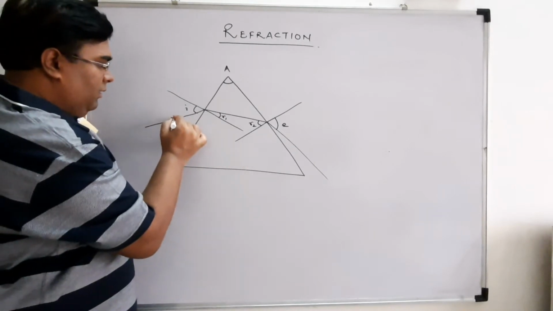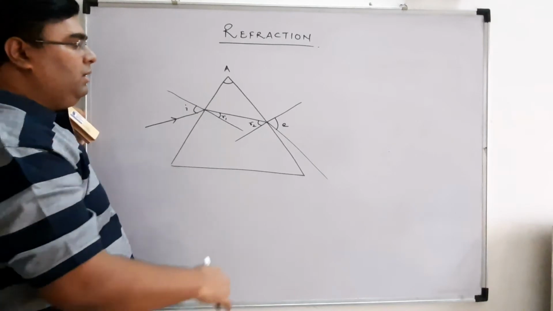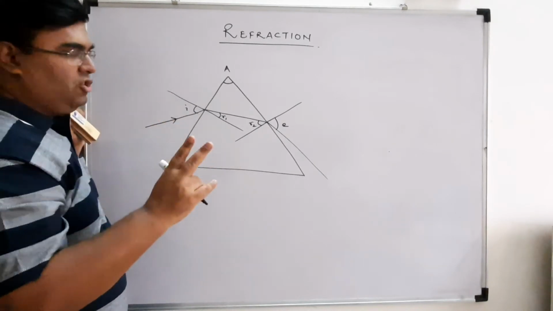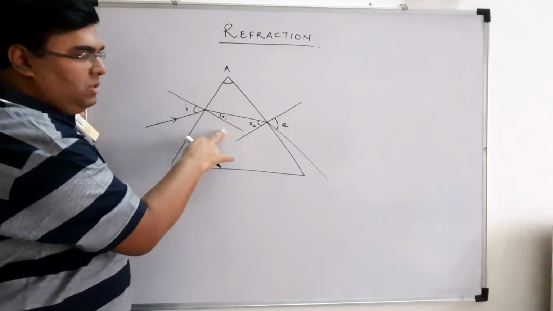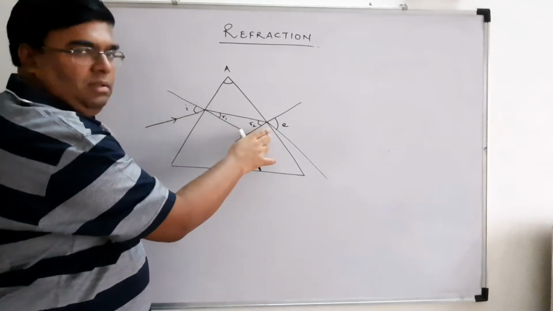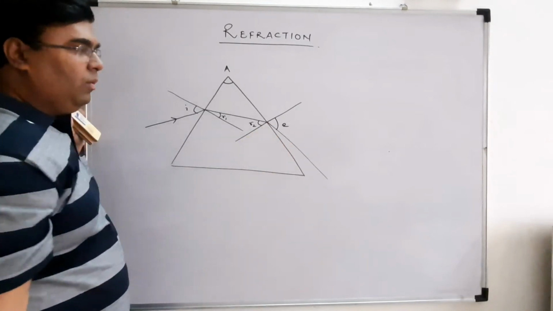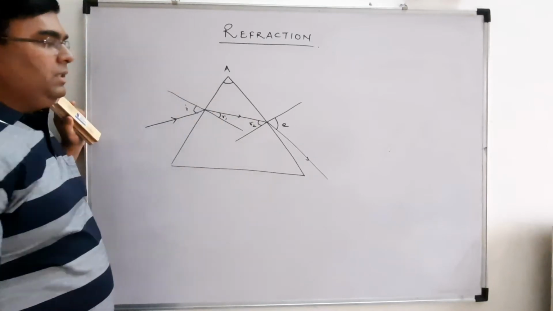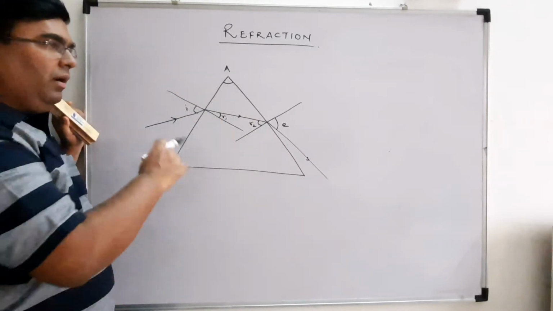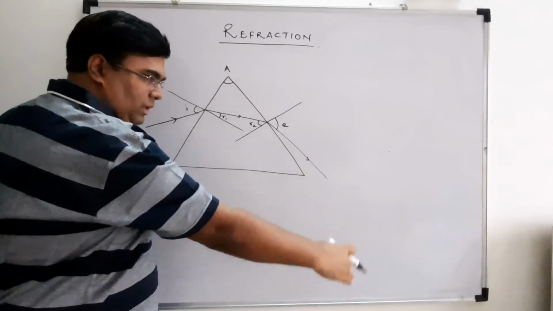A ray which strikes one surface at an angle I faces two refractions. First at this point it will bend towards the normal, and then it strikes the next surface, and again it will bend away from the normal in this direction. So a ray which was going in this direction has moved to this direction.